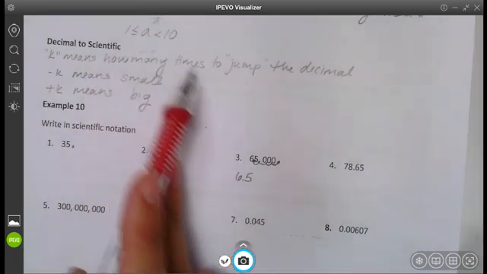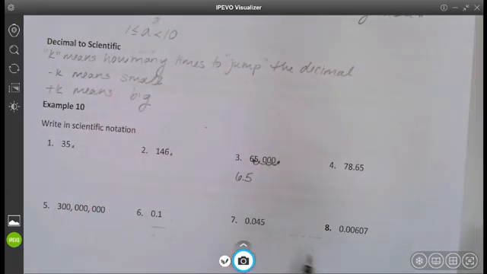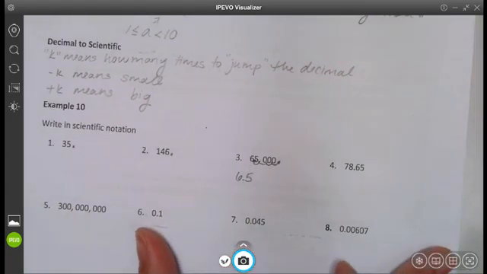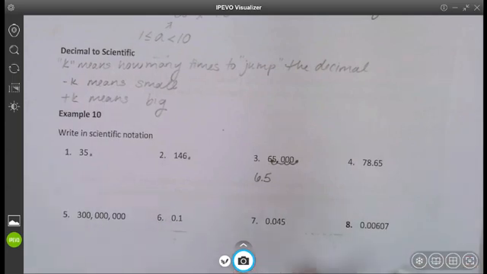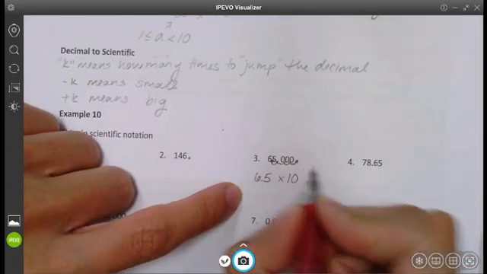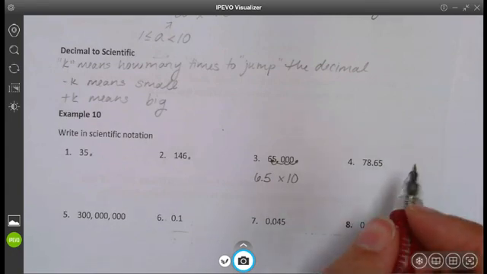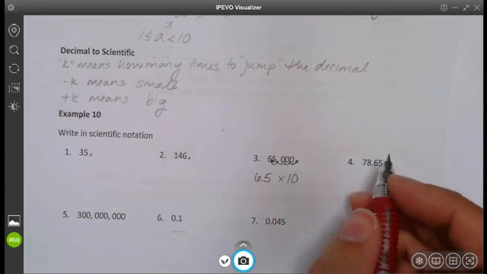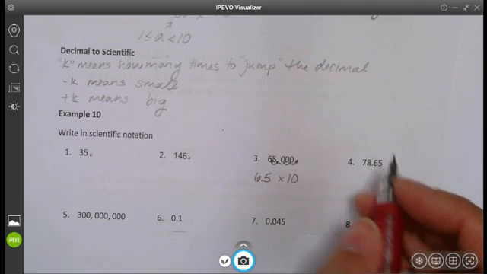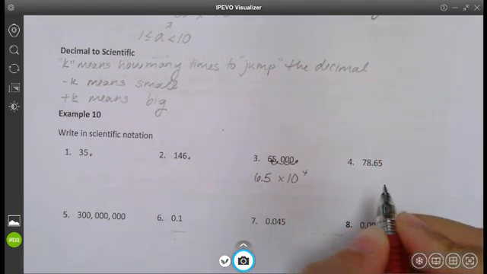This is A, which is between 1 and 10. Notice 6.5 is between 1 and 10. And really all that means is that we have one digit in front of the decimal. So we've got 6.5 times 10. It is a big number, so our exponent is going to be positive, and we've jumped 4 times. So it is going to be positive 4.